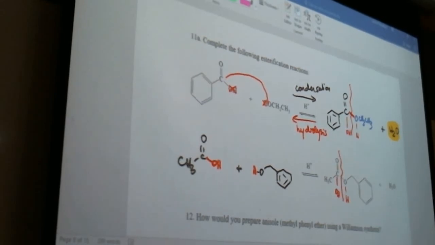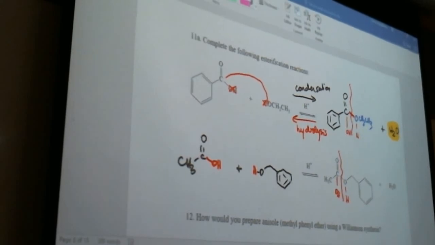So next time we're going to get started with this. We're going to look at the mechanism in a lot of detail and some variations of esterification reactions. And then we're going to get started with, oh, this is chapter 14. So chapter 14 looks at ethers and epoxides, and it's sort of like the continuation of this.